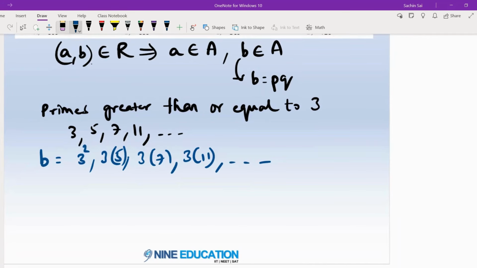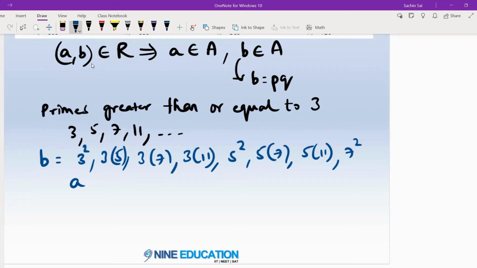So if I keep writing this down, the next set of products is 5 square. Then I have 5 into 7, 5 into 11, right? Then the next product is 7 square, and that's it, right?